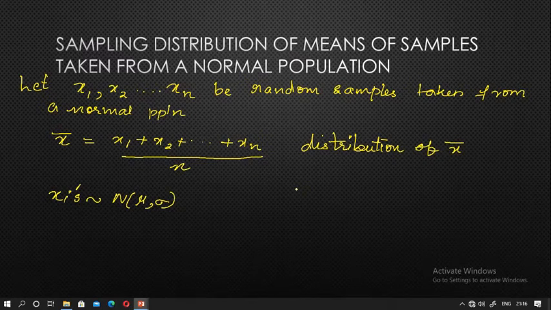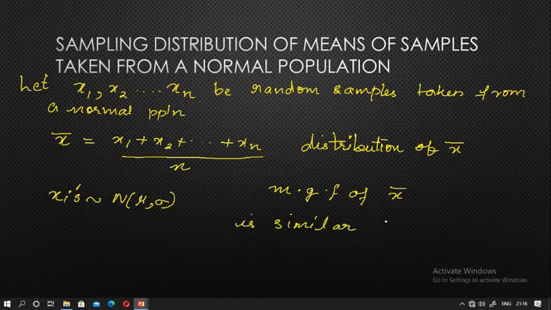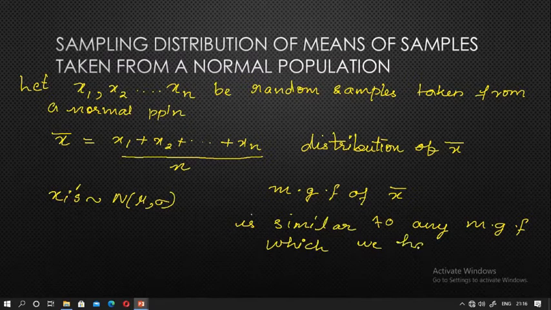In order to do that, we can take the method of finding the MGF of x bar, and check whether the MGF of x bar resembles any MGF which we have studied in our last semester, of any distribution.